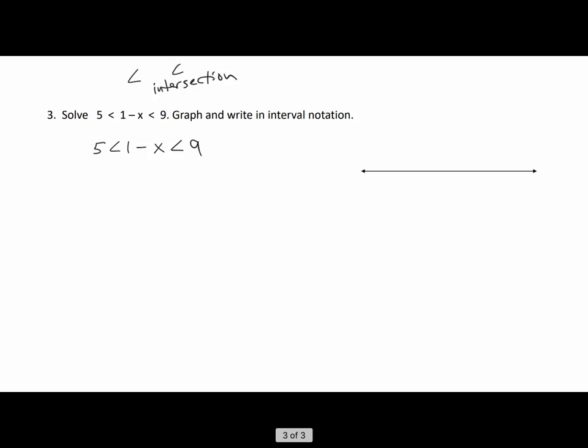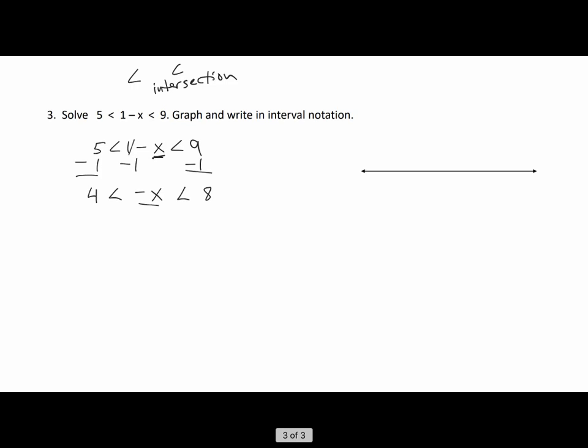So let's go ahead and solve this by focusing again in the middle where the variable is. And so we need to subtract 1 to get rid of that term from that side. So on the left side, that'll be 4. In the middle, that's a negative x. And on the right side, that's 8.